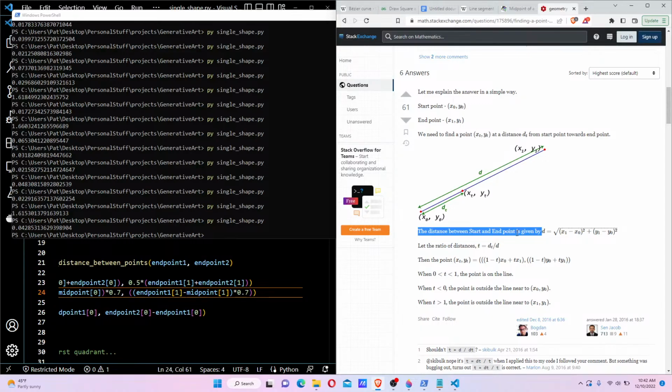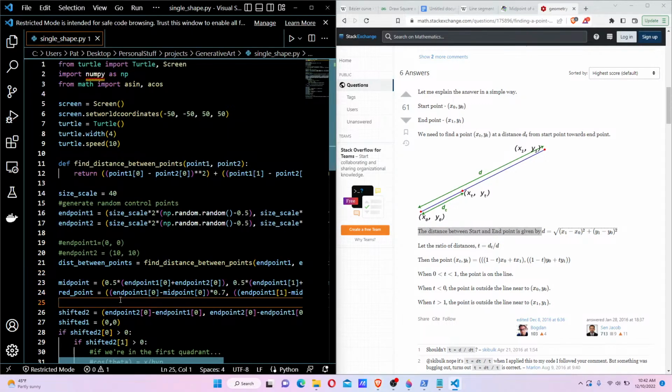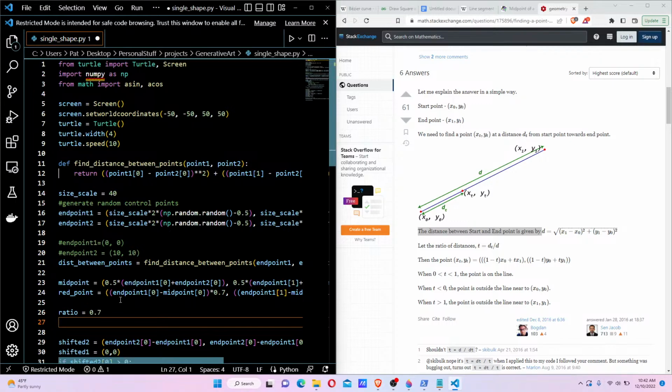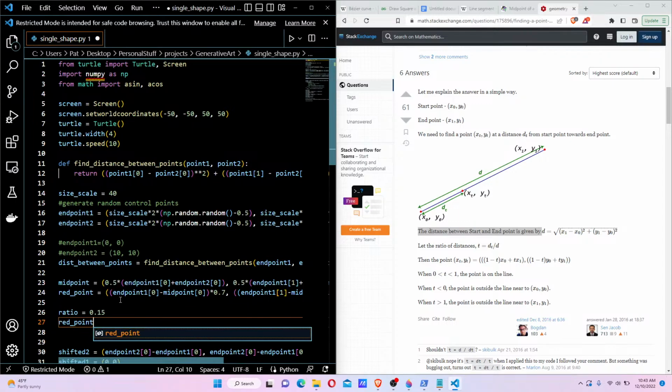Okay. So here the ratio is equal to 0.7 because that's how far I want to go along the line. No, 0.15 is how far I want to go along the line. Now we could say this is the red point.